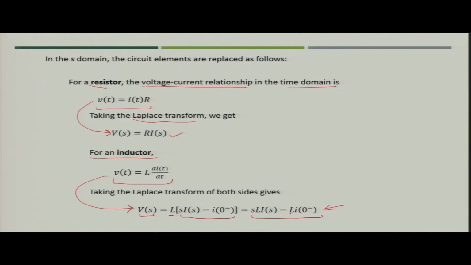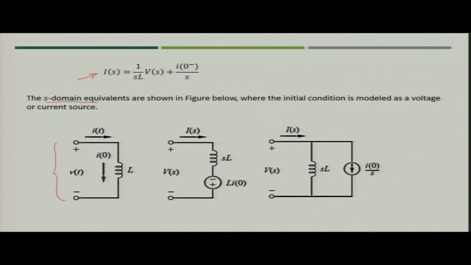So, the minus sign is added to the L i(0) term. To represent the minus sign, the polarity of the fictitious voltage source, that will represent the initial condition for the inductor, will be L i(0) and the polarity will be opposite.